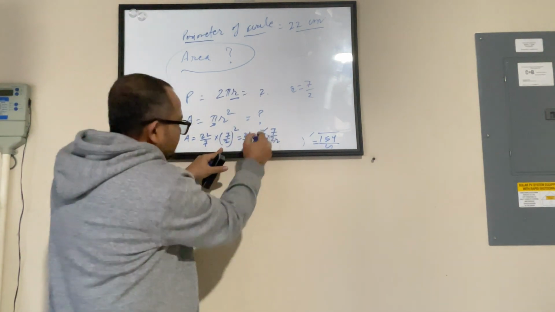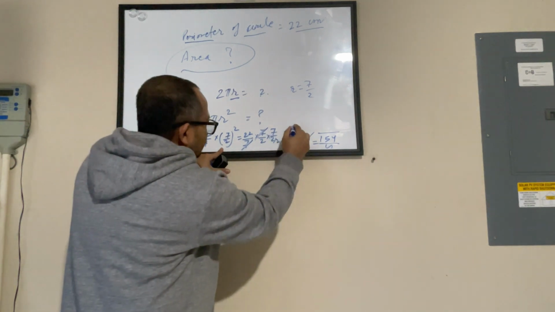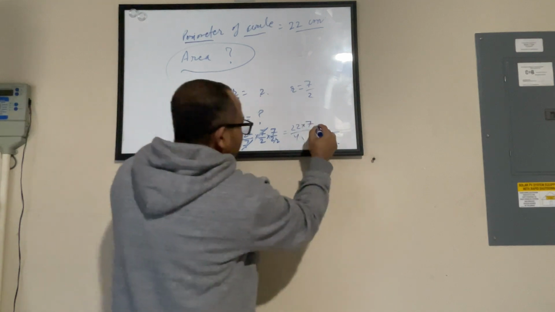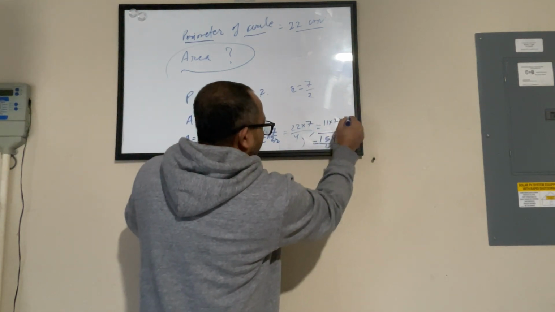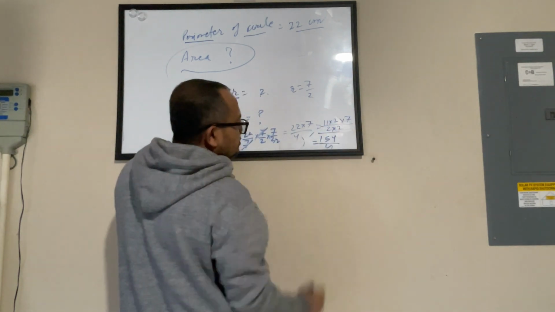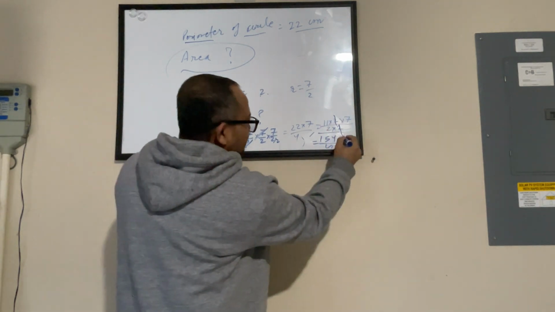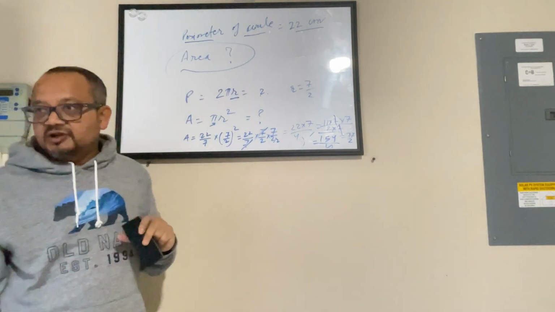Then I can do tic-tac-toe of 7, 7 is gone. So I have 22 into 7 by 2 into 2, 4. I can further split this: 22 I can write as 11 into 2, and 4 I can write as 2 into 2. One more tic-tac-toe. So 77 by 2. My answer is 77 by 2 centimeters square.